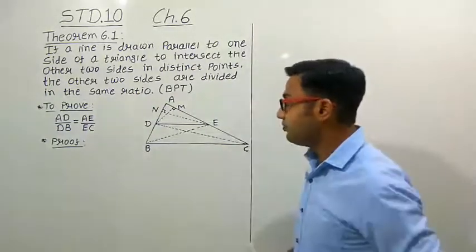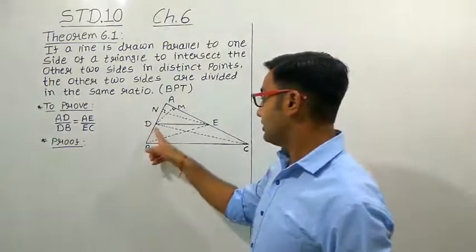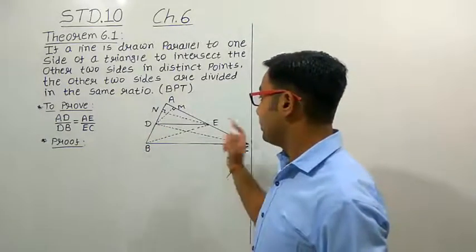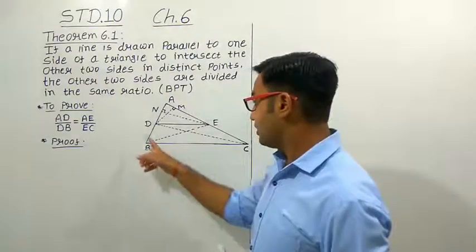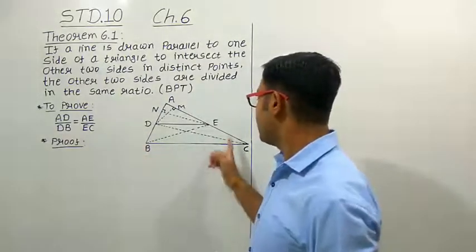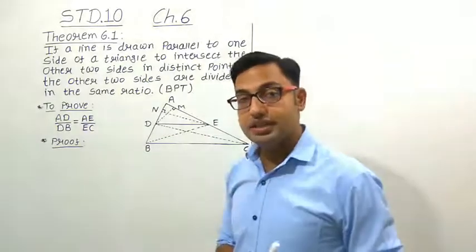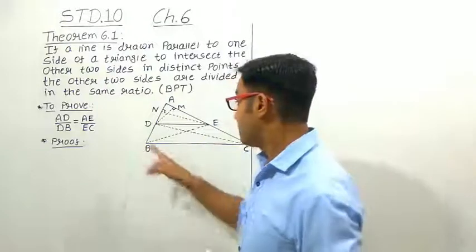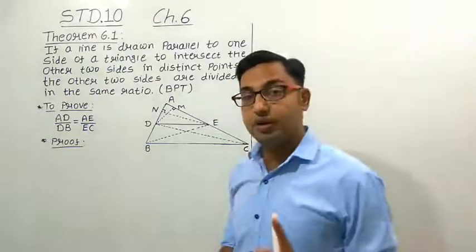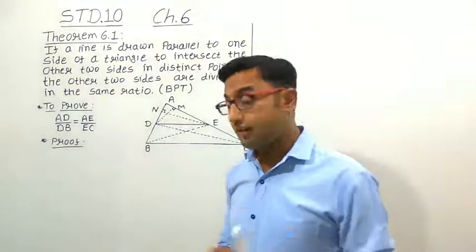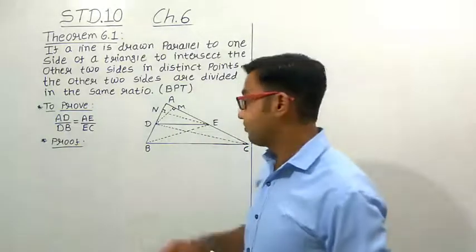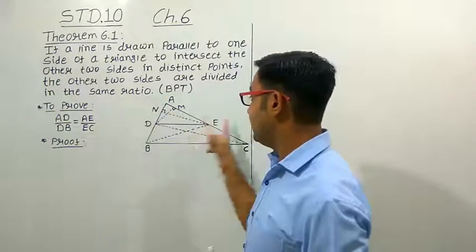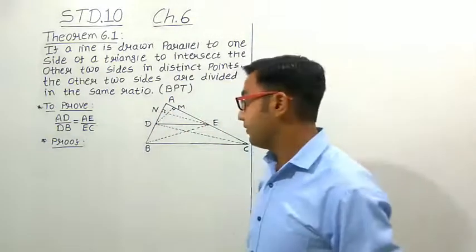So for this, first of all, join CD and BE. Let us first understand what DBCE is. Is DBCE a parallelogram? No, right? Only one pair of opposite sides is parallel. So DBCE is a trapezium, and ADE is a triangle.